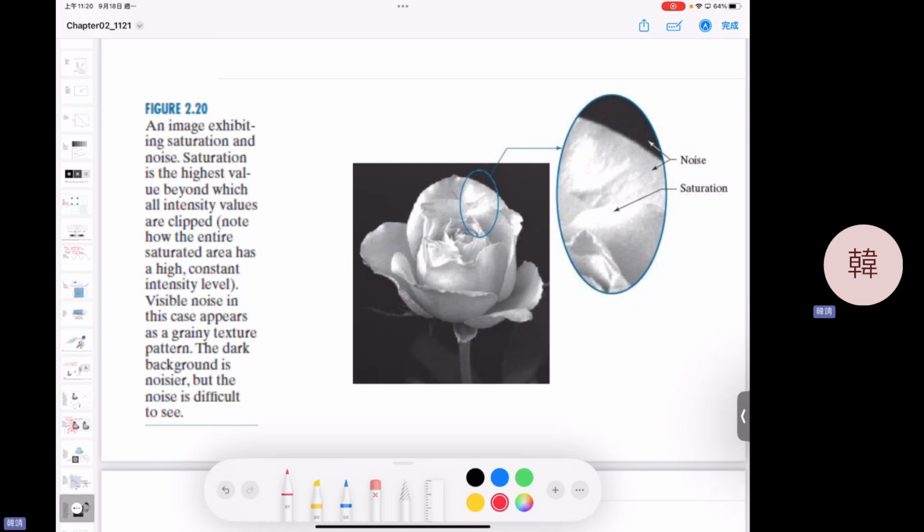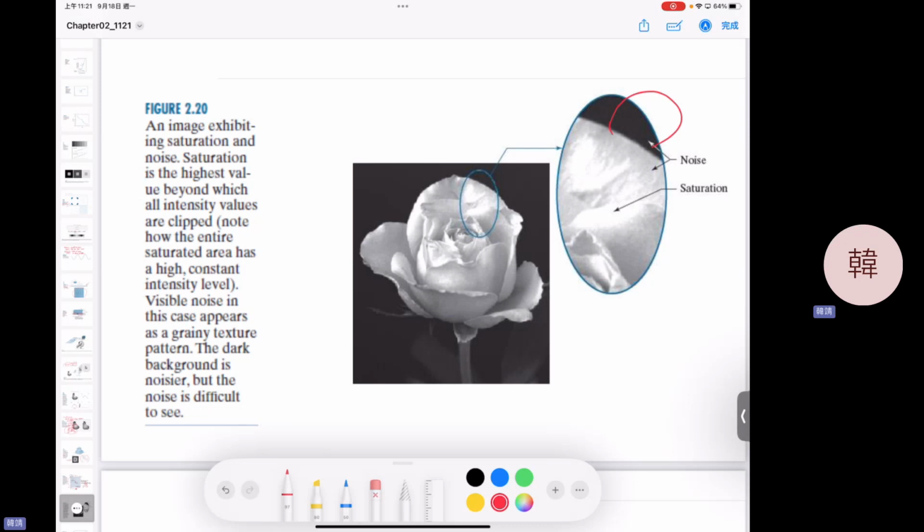And yeah, here we just show some images. The gray level of the image is sometimes saturated. What's saturated? It becomes the highest number of the gray level, so it's a saturation. And for this kind of noise, it is always in the background, more noise, but you cannot see it. If you use a nonlinear quantization, you can see more detail about the noise.